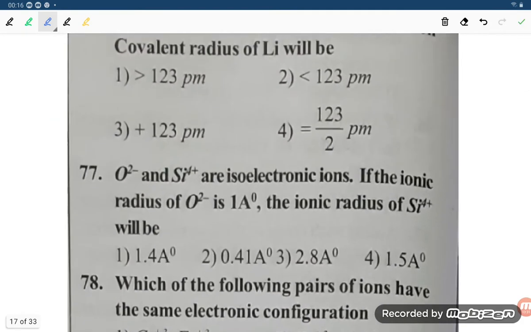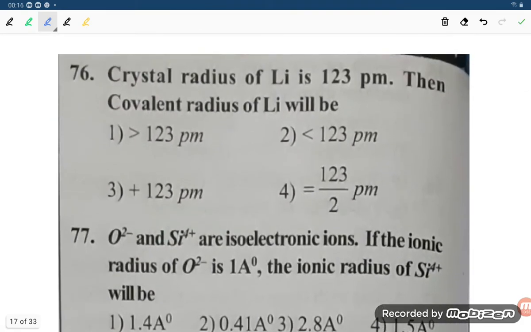Okay. Next question, you see, that is question number 76. Crystal radius of lithium is 123 picometer. Then the covalent radius of Li will be, okay, so student, covalent radius is smaller than crystal radius.